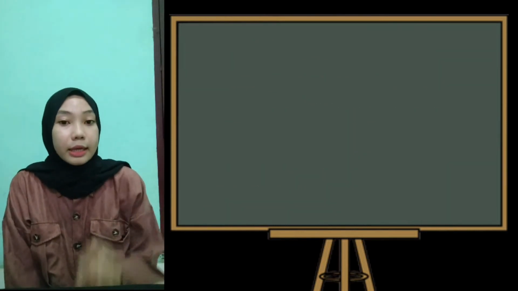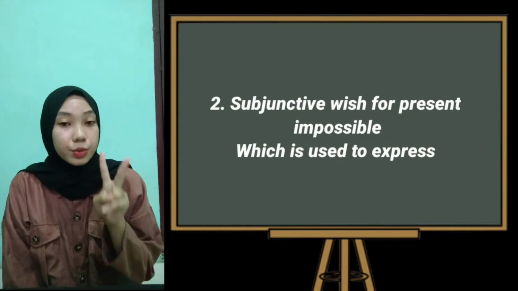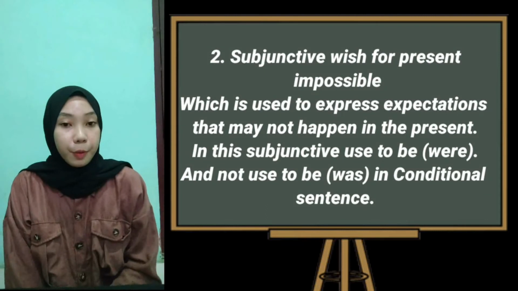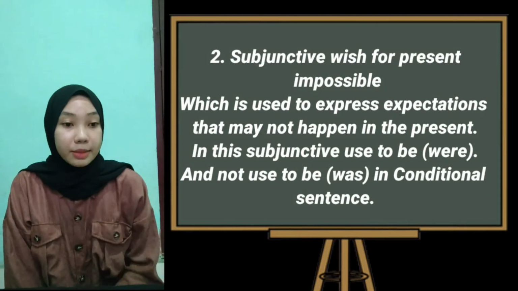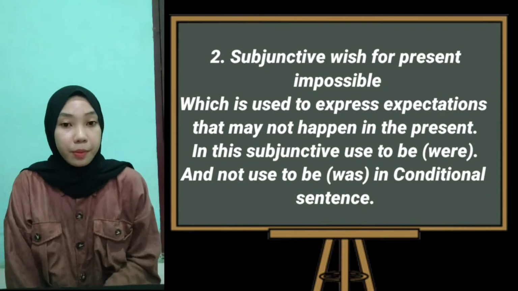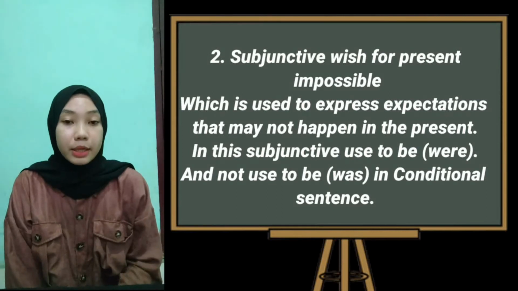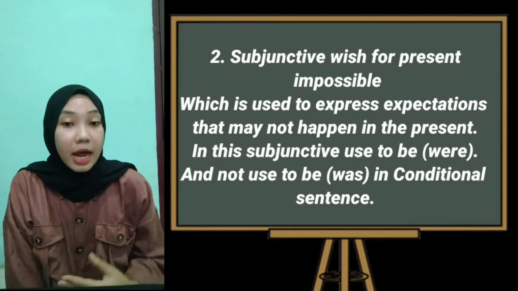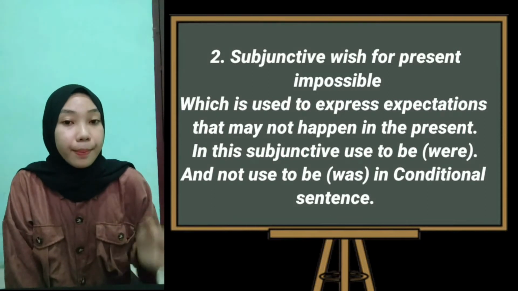Okay, the next part is subjunctive wish for present impossible. Subjunctive wish for present impossible is a subjunctive used to express expectations that do not happen in the present.